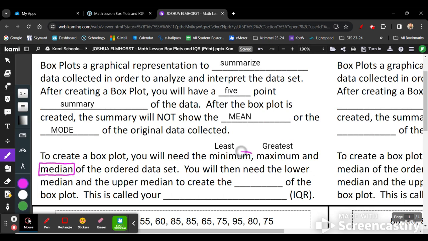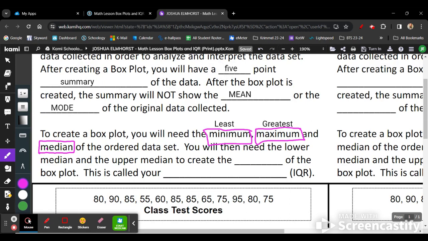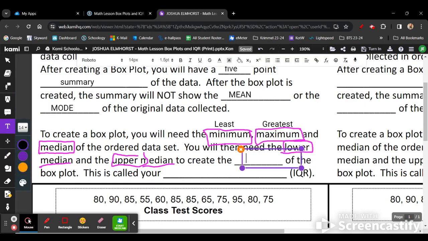So we got the minimum, maximum, median. So it's going to connect to what we've been working out already. The other 2 points are going to be called the upper median and the lower median. The upper middle and the lower middle. And that piece of information is going to be used to make the box of the box plot.